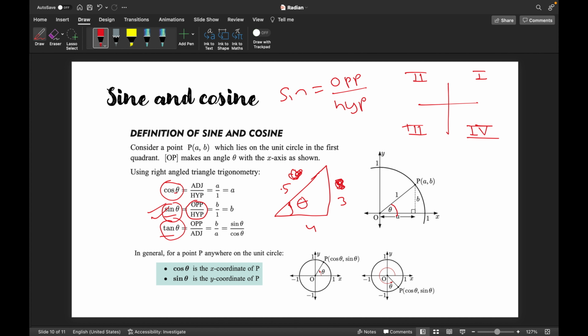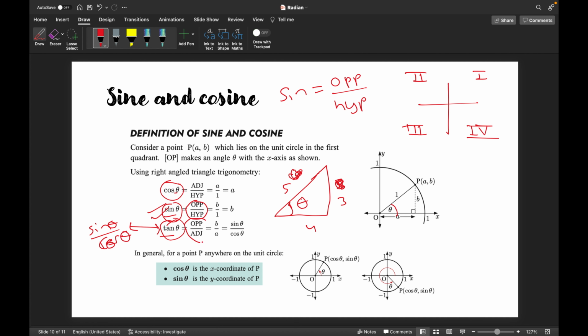Okay, now if that is clear, then let's move on to tan theta. Tan theta itself is a ratio of sine and cos. So it's sine theta by cos theta, which is tan theta.